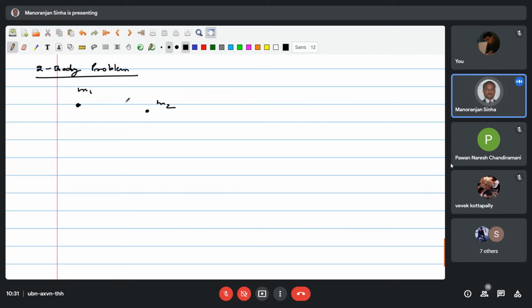We have this system, so we choose the center of mass somewhere here, joining this line. And this is the center of mass, and we can fix a reference frame here, and then describe the motion of these two particles M1 and M2. Another way can be that I can take these two particles M1 and M2 and take the reference frame here as x, y, z.